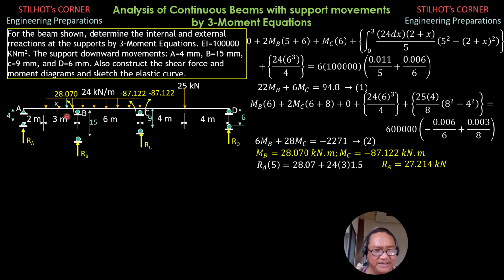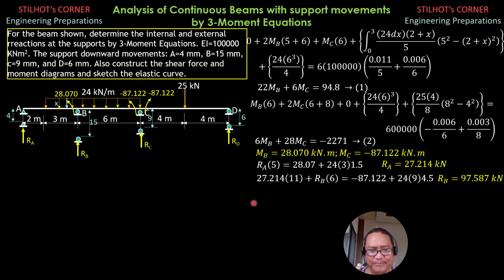We then consider ABC, summation of moments about C equals 0, clockwise positive. So RA 27.214 times 11 plus RB times 6 equals negative 87.122 plus 24 times 9 times 4.5. So RB is equal to 97.587 kilonewtons.